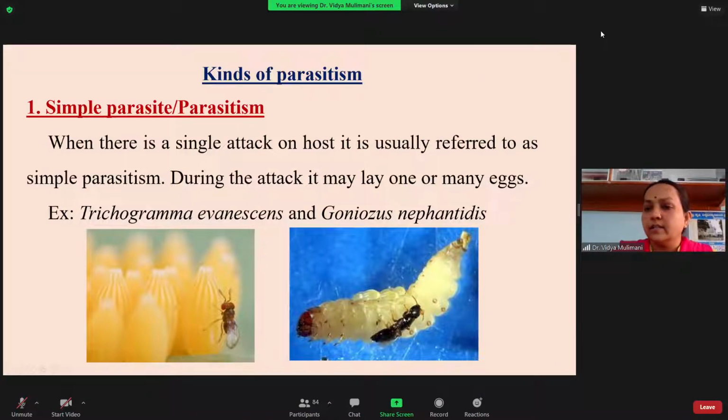During the attack, they may lay one or as many eggs, depending on the nature of the parasitoid, whether it lays the eggs singly or in a group. Examples are Trichogramma evanescens, T. chilonis, or Goniozus nephantidis. It is a single act, so this is called simple parasitism.